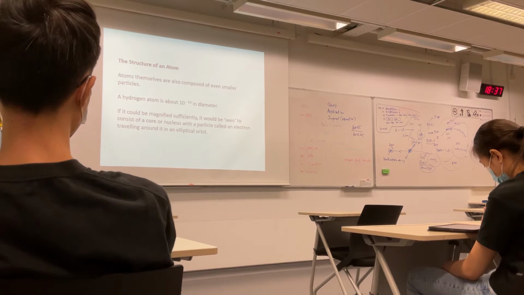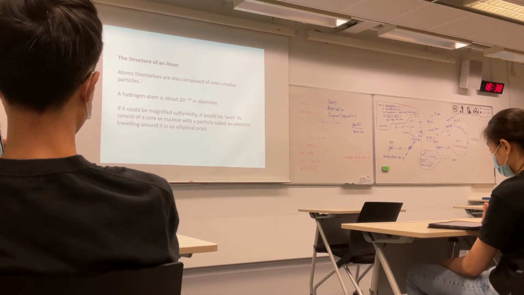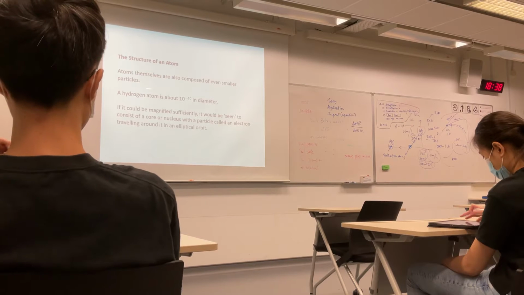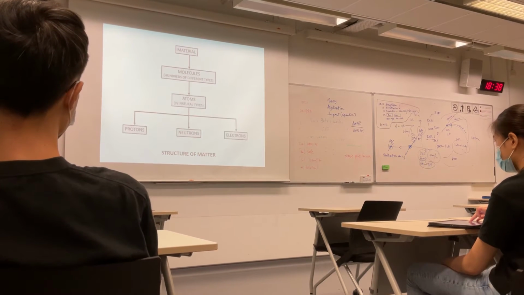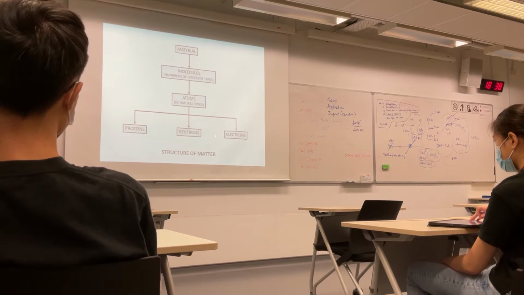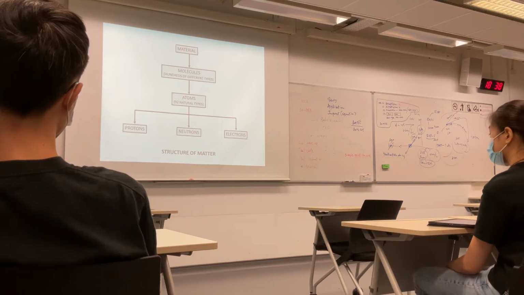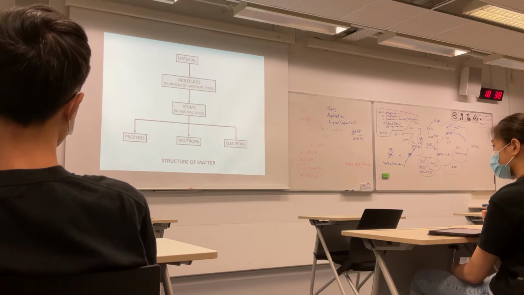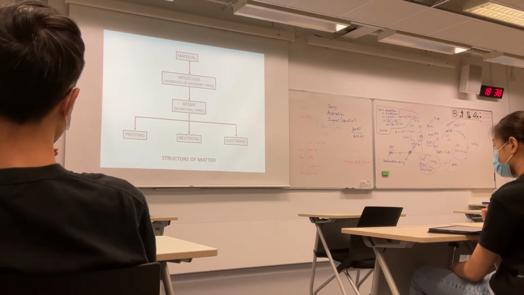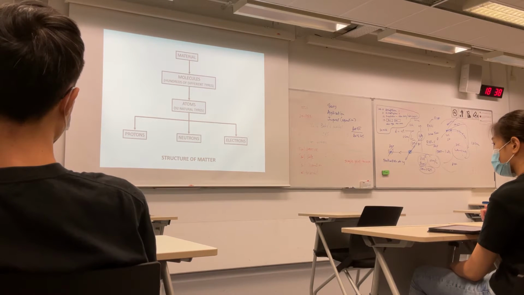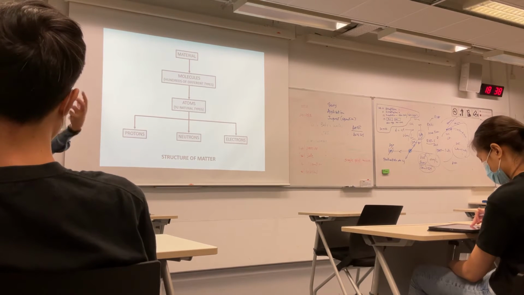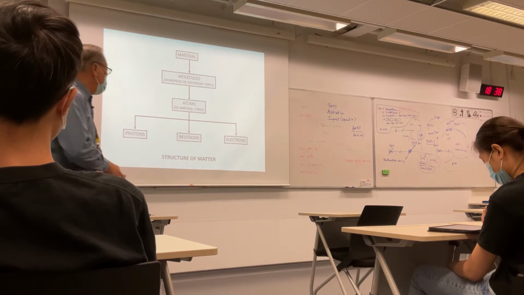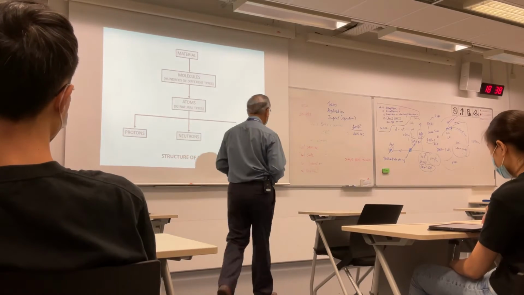The structure of an atom, like a hydrogen of this size, I don't know whether I'll ask you this kind of question, but you have to know about it. This is a good map of what is happening: protons, neutrons, and electrons. What do you think is the fourth element of all the things that are happening? Photon, don't forget. A photon is not part of matter, but it interacts with matter all the time.